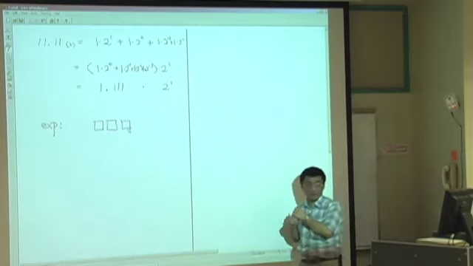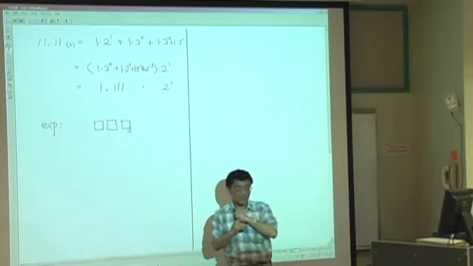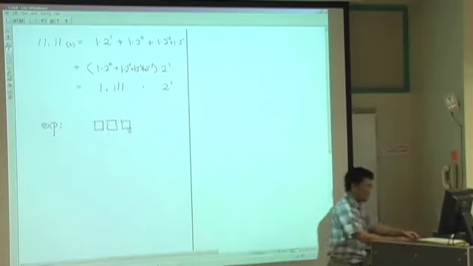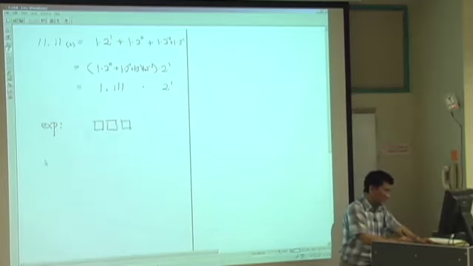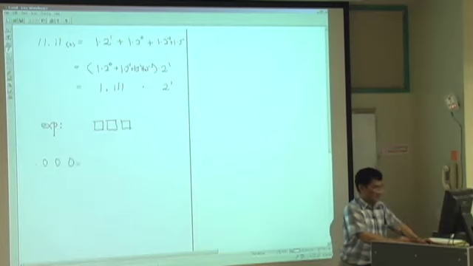We decided to use 3 bits. Then, for instance, these bits, 0, 0, 0, should represent some number, right? And the maximum number that you can represent is 1, 1, 1, which should represent something, right?